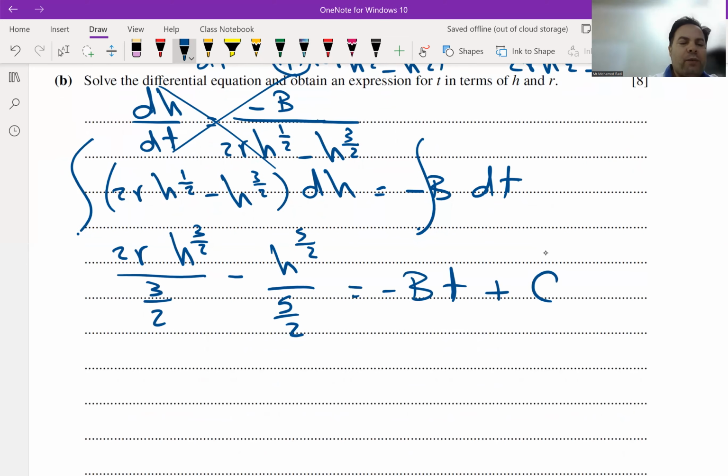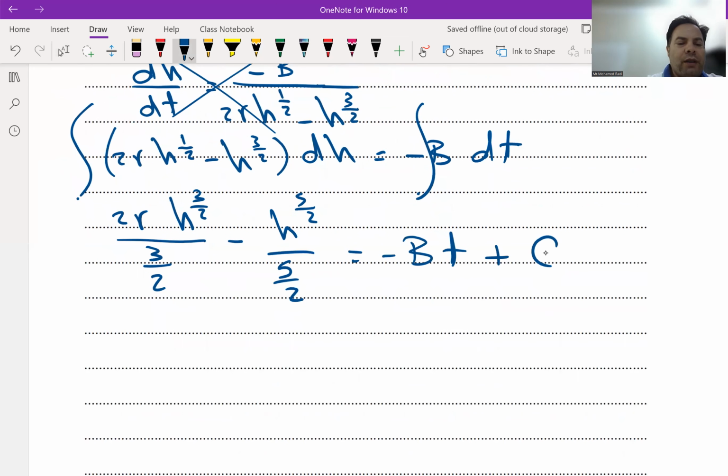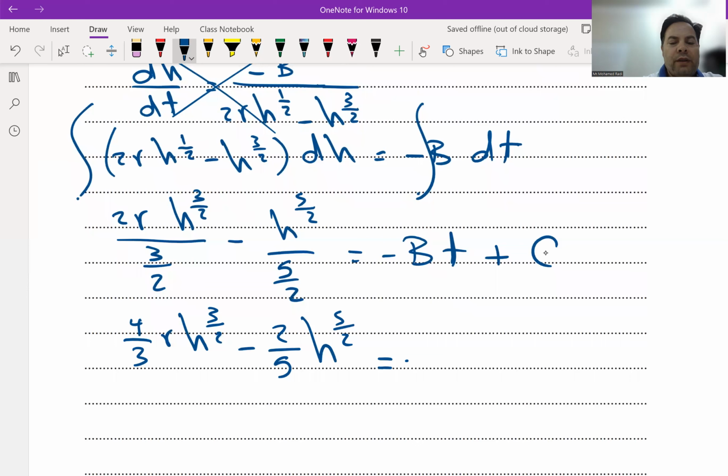We can simplify more. It's 2r multiplied by 2/3, which will be 4/3 r h^(3/2), minus 2/5 h^(5/2), is equal to -bt plus c.